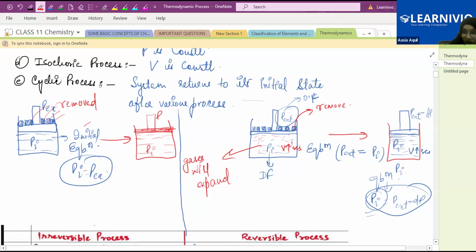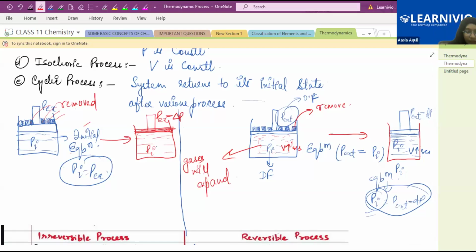There will be a sudden decrease in the external pressure, and it will be P external minus delta P. Now here the change is delta P, because you can see it's a large change, right? Here the change is delta P, and earlier the change was dP, meaning a small change in the pressure.